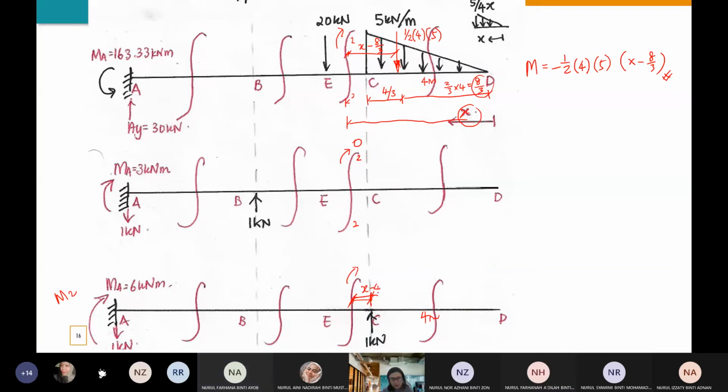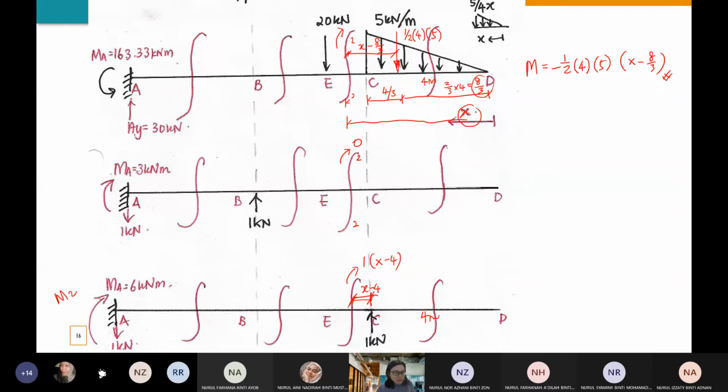Yeah, thank you. X minus 4. So your moment here will be the loading multiplied with the distance about the cut section. If you check this applied moment and the internal moment, they are in the opposite way, so you give a positive sign to these moments. Okay, so this is how you determine these moments.